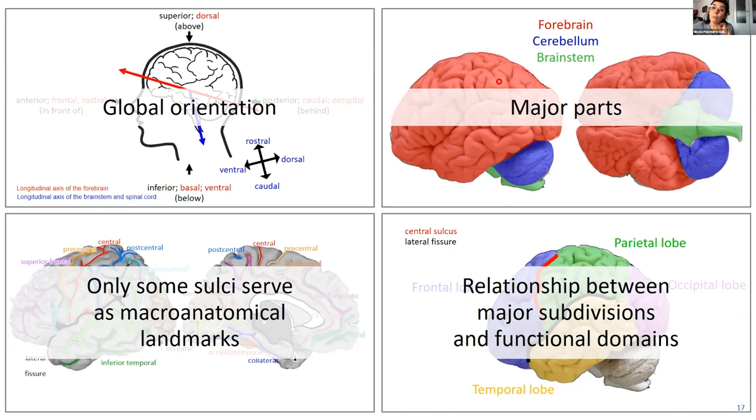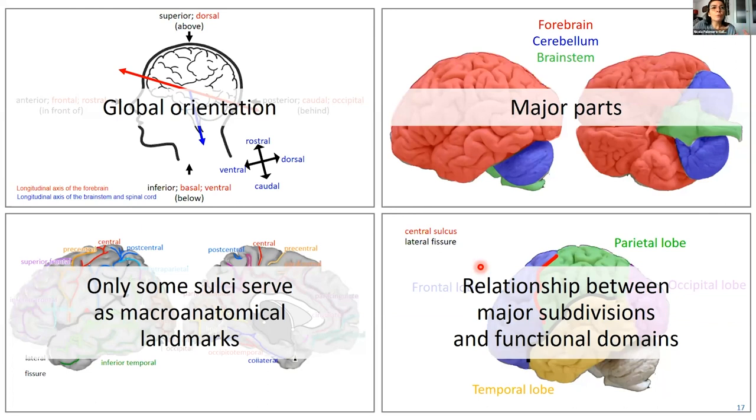Only some sulci serve as highly reliable functional and microarchitectonic landmarks, and although the hemispheres were originally divided into lobes just as structural landmarks, we can also relate these anatomical structures with different brain functions.